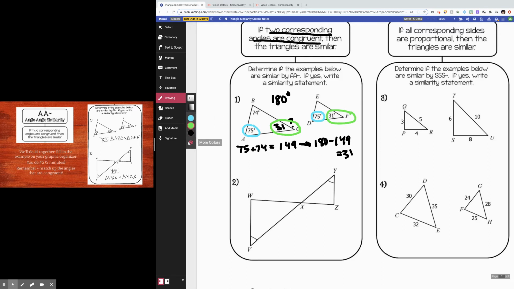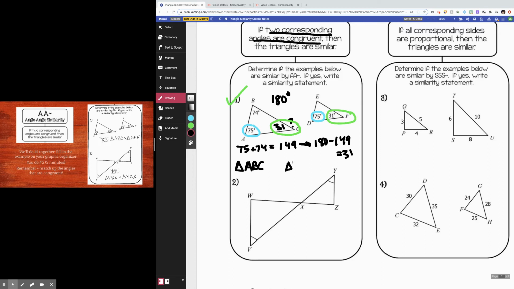So I can say yes, check that these two triangles are congruent, or not congruent, sorry, that these two triangles are similar because I have two sets of congruent angles. So I need to write my triangle similarity statement, very similar to the triangle congruence statement. We'd have one triangle is equal to another triangle, but here, so this is triangle ABC, and I'm still going to go in the same order, so the angles still have to match up.